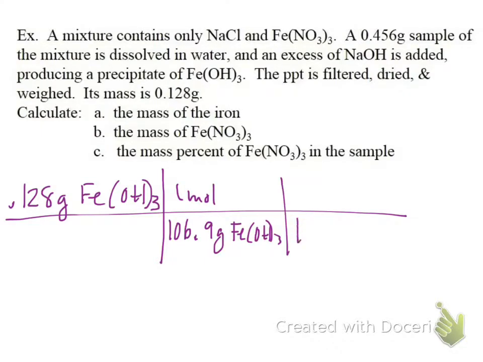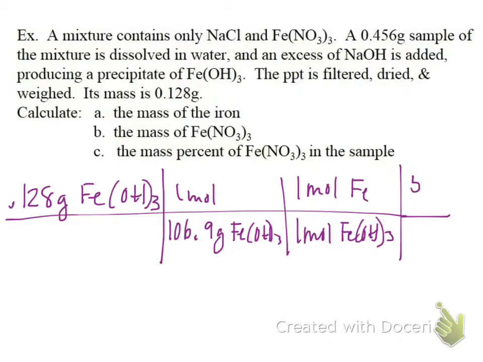For every 1 mole of the iron hydroxide, we have 1 mole of iron. And then we multiply by the molar mass of iron, which is 55.85. I need to learn to write smaller on this thing.